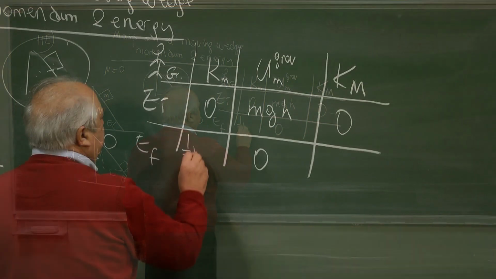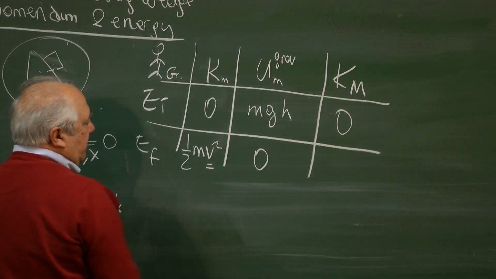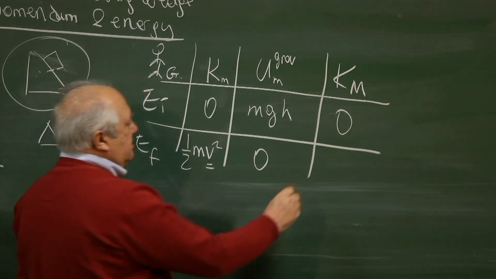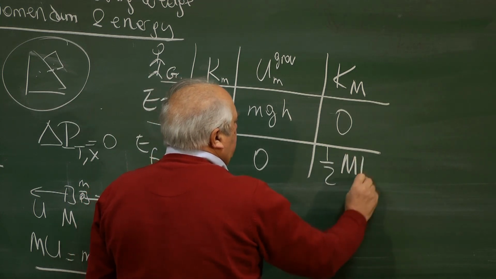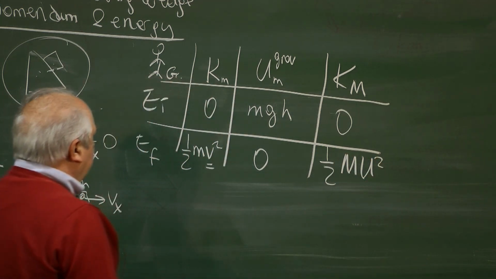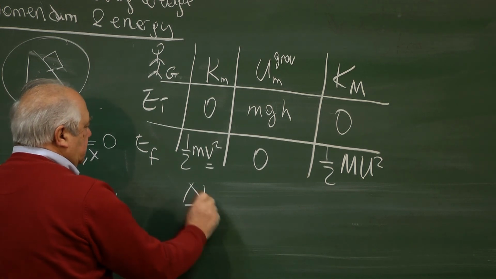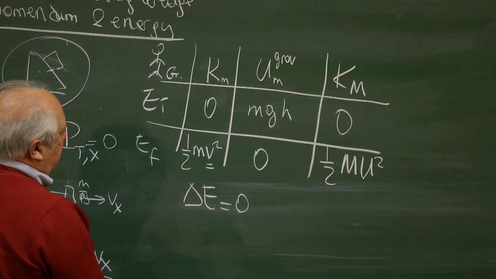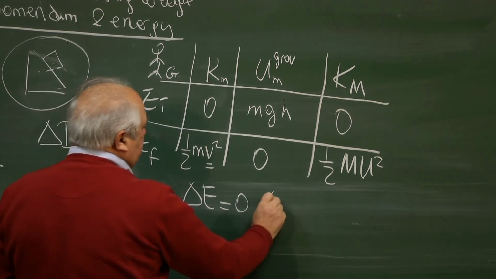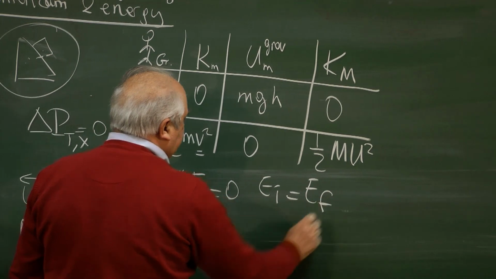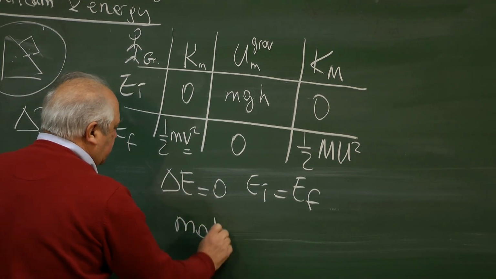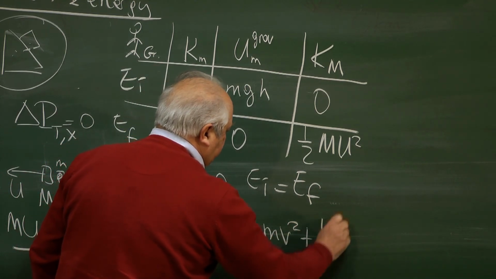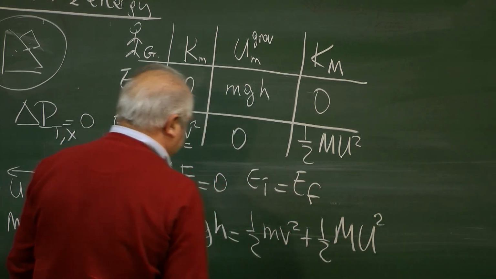This has 1/2 mv square. This is velocity with respect to ground, everything with respect to a ground observer. And this has 1/2 Mu square. And since there is no friction, therefore initial energy is equal to the final energy, or mgh is equal to 1/2 mv square plus 1/2 Mu square.